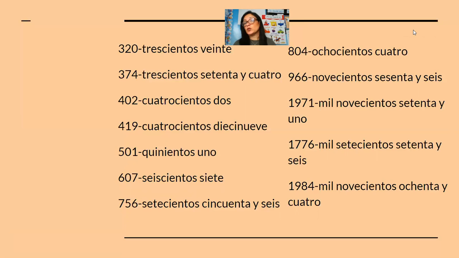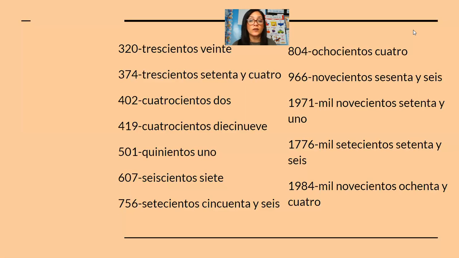For the thousands, we are going to go past 1,000, but you should already know how to, fifth grade, this is really just for you, fifth grade, you know 1,000 is just mil, and then 1961. 1776.